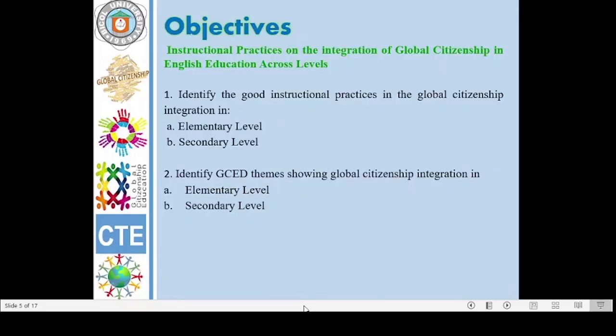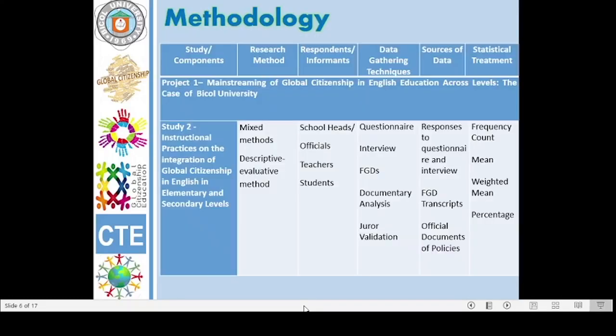Specifically, this study aimed to achieve the following objectives. Number one, identify the good instructional practices in global citizenship integration in elementary and secondary level. And number two, identify GCED themes showing global citizenship integration in elementary and secondary level. For methodology, this study made use of mixed methods of descriptive and evaluative methods.